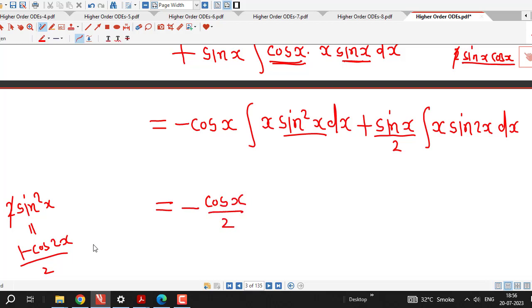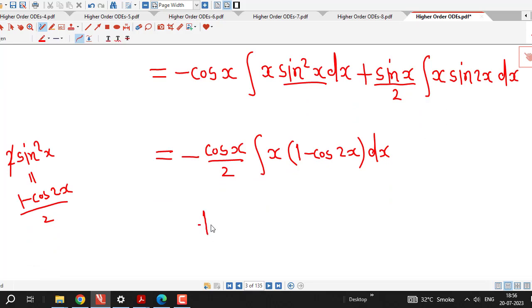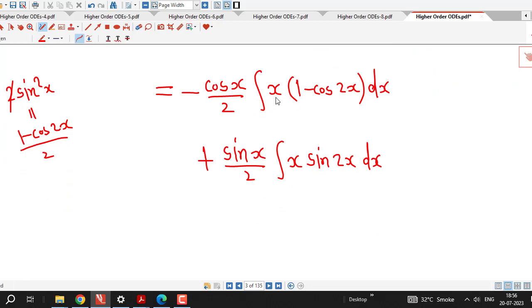Here I write sin square x equal to 1 minus cos 2x divided by 2, that I have taken outside the integral, and let me write this as it is, plus 1 by 2 x times sin 2x dx. Now we integrate this. We have two functions in the product, therefore we can apply the formula for integration by parts.